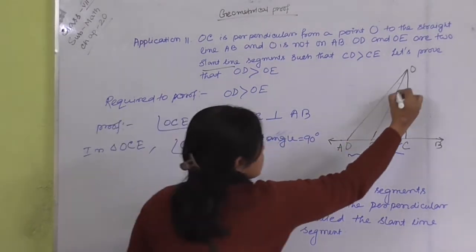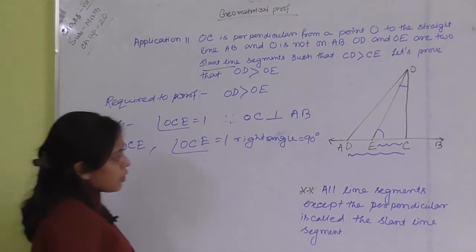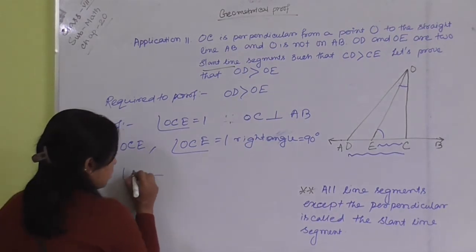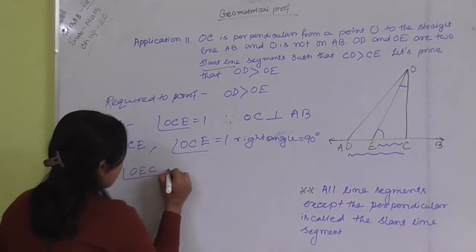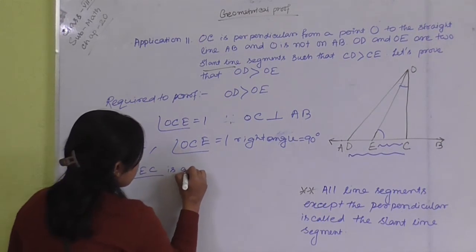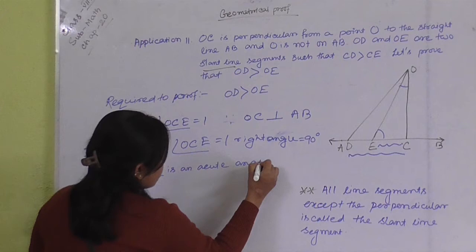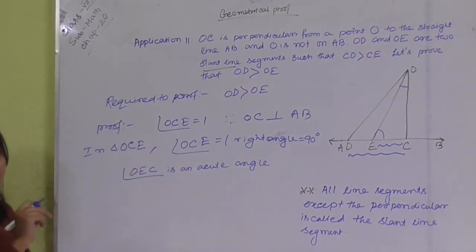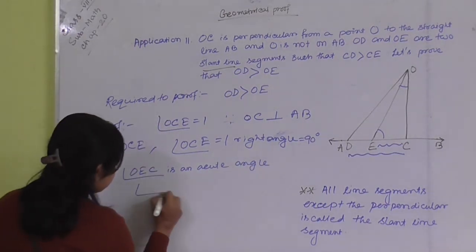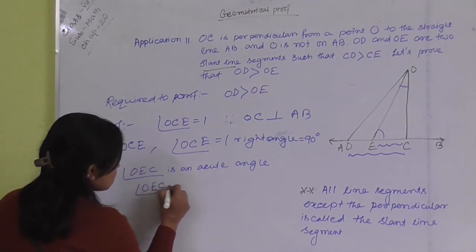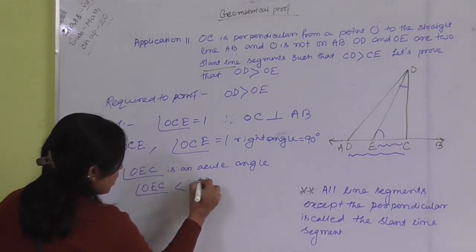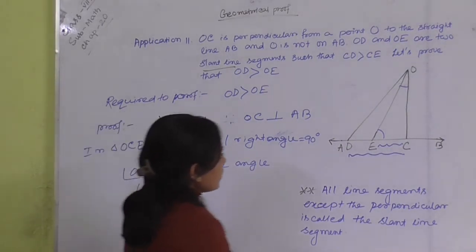Then this angle and this angle are acute angles, that means OEC must be an acute angle, less than 90 degrees.